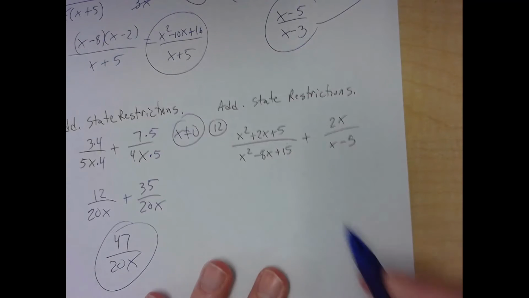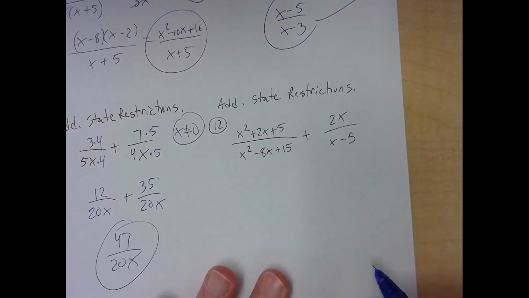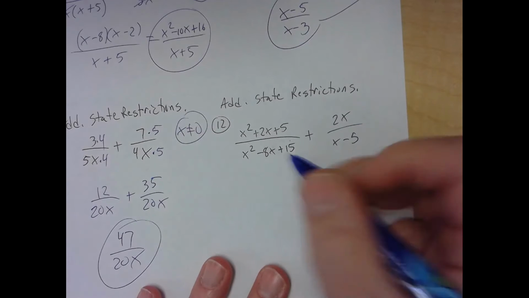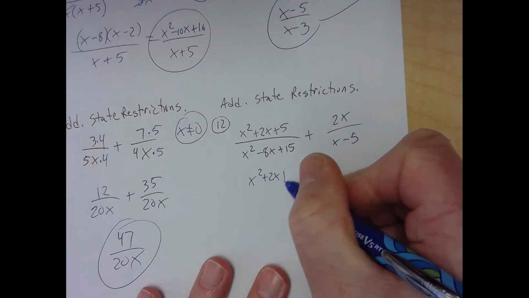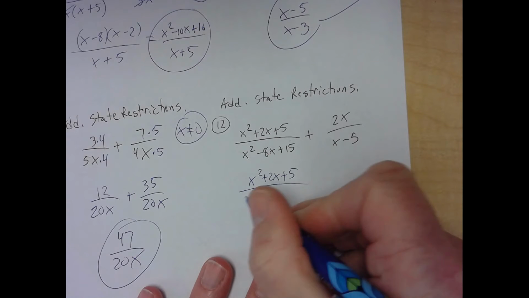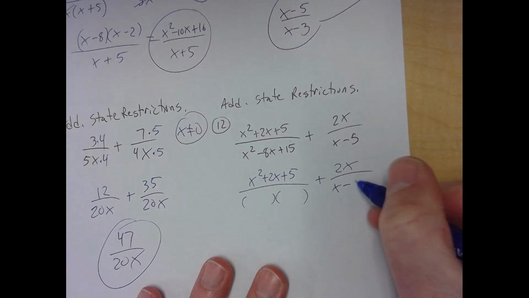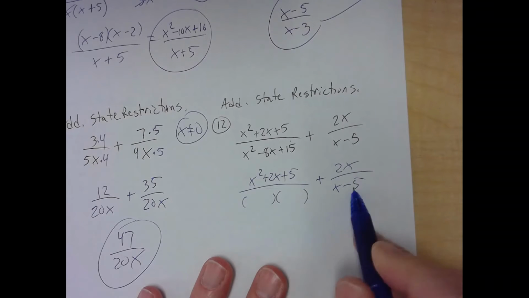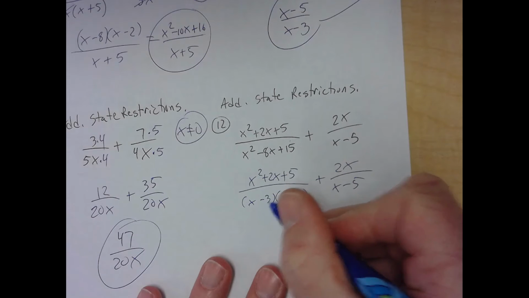Okay, in order to tell what we need to make them the same, sometimes we have to factor. So I'm going to factor this as x squared plus 2x plus 5 over x squared plus 2x over x minus 5. So the only real way to tell what I need is by factoring that. So it's minus 3 and minus 5.